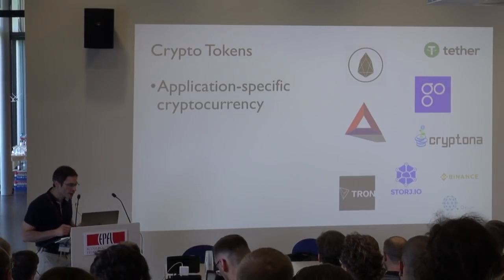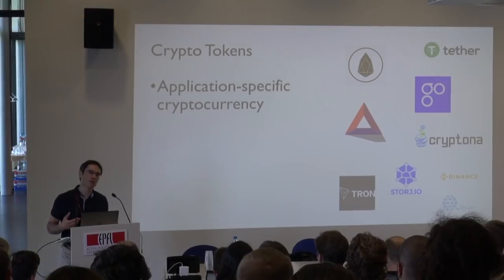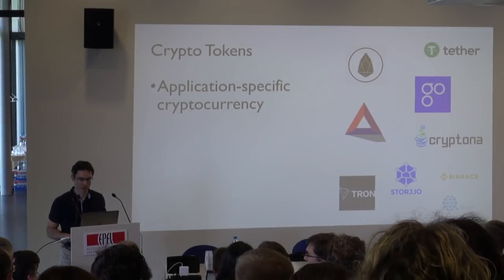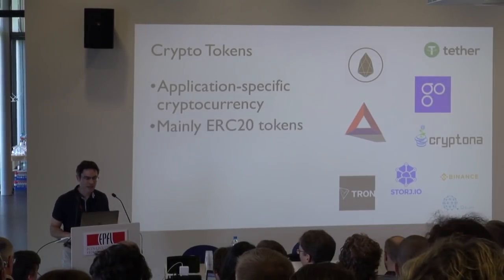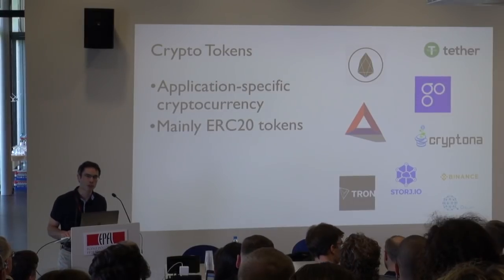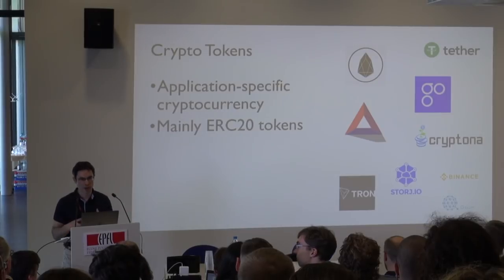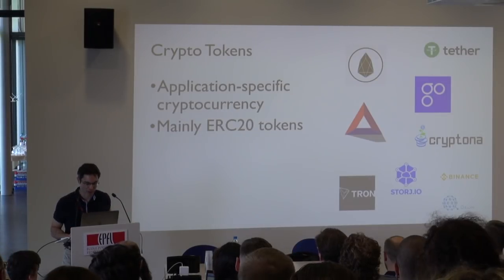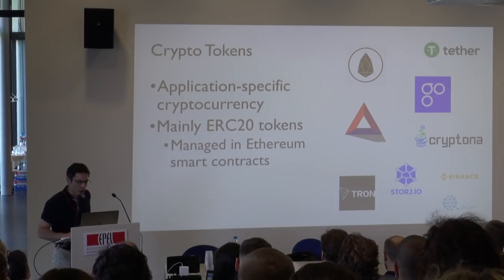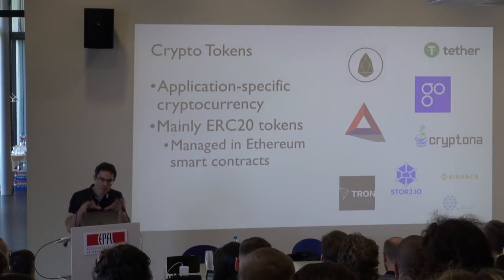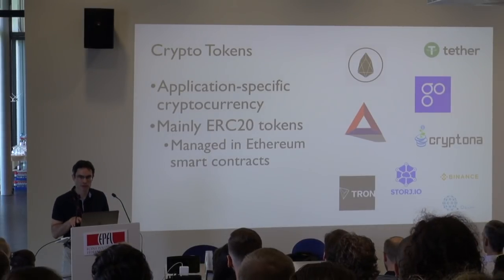You can think of a token as being like an application-specific cryptocurrency. Generally, these things take the form of what are known as ERC20 tokens. ERC20 just being a standard for token management in Ethereum smart contracts in particular. So these tokens are themselves managed in smart contracts.